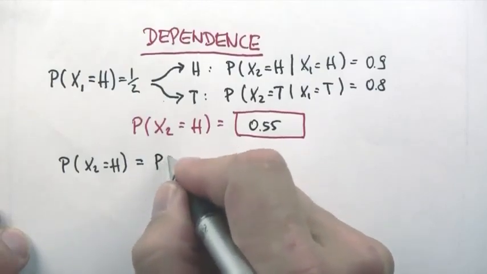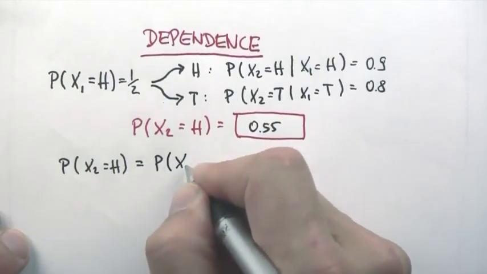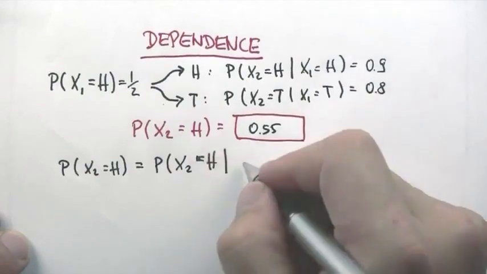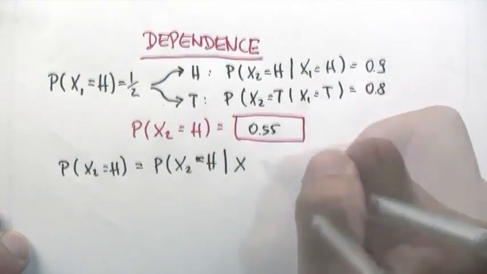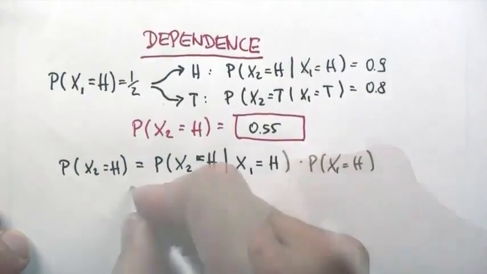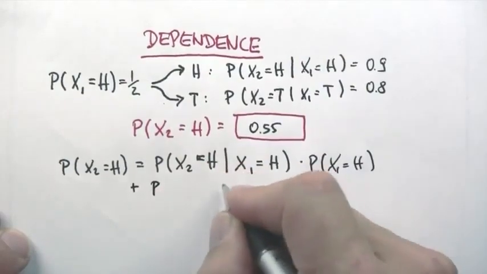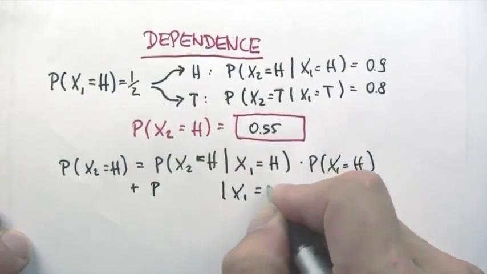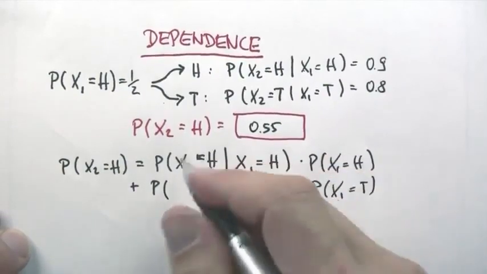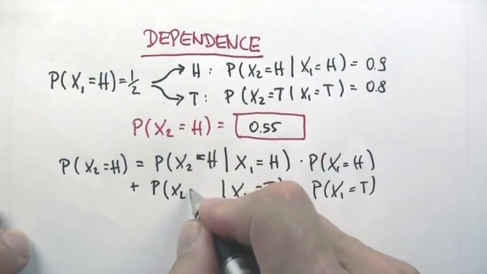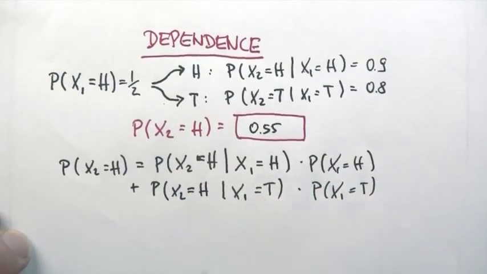So first of all, it could be the probability of x2 equals heads, given that, and now I assume, x1 was heads already. Now I have to add the complementary event. Suppose x1 came up tails, then I can ask the question, what's the probability that x2 comes up heads regardless, even though x1 was tails?